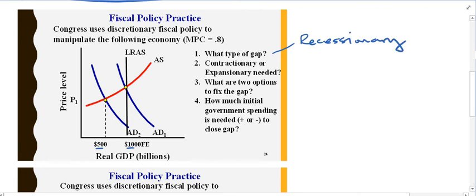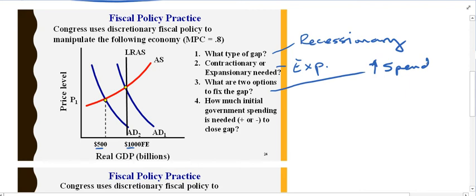Perfect. Contractionary or expansionary fiscal policy needed. If you said expansionary, good, because we need to expand the economy. Aggregate demand should move outward or right. What are the two options to fix the gap? Well, we can increase spending, right?